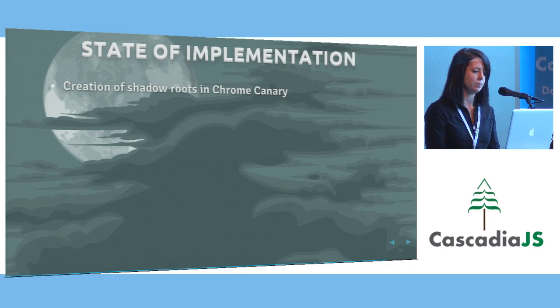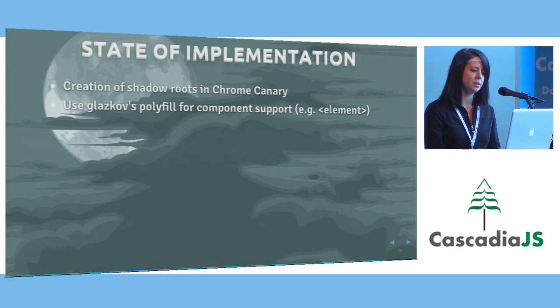So, state of implementation. We have the creation of shadow roots in Chrome Canary and Dmitry Glazkov's polyfill for component support. This stuff exists already in WebKit, and so Chrome has thoughtfully exposed it and started a dialogue about this specification that they want to move forward on, which is great.